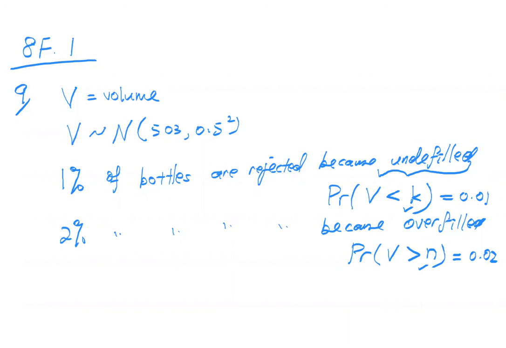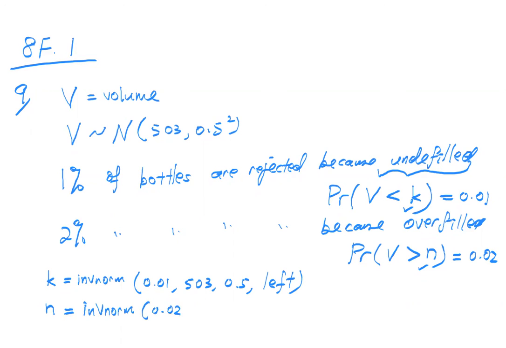You use inverse norm. So K will be inverse norm, area 0.01, 503, 0.5. Less than, you choose left. N is inverse norm, 0.02, 503, 0.5, then right.